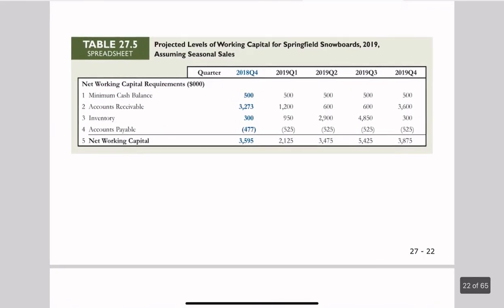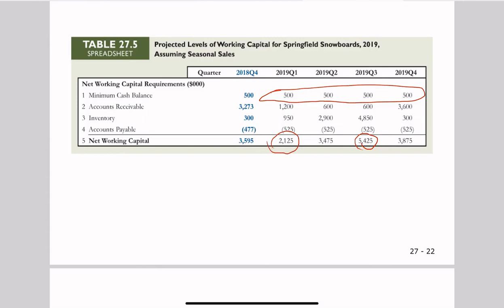Again, we're dealing with the case that the firm has its sales evenly distributed across different quarters. If you look at the firm's net working capital, you can see that Q3 requires the highest level of working capital at 5,420. And Q1 has the lowest working capital requirement.